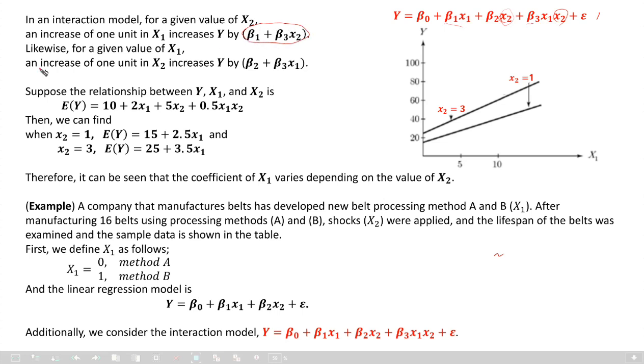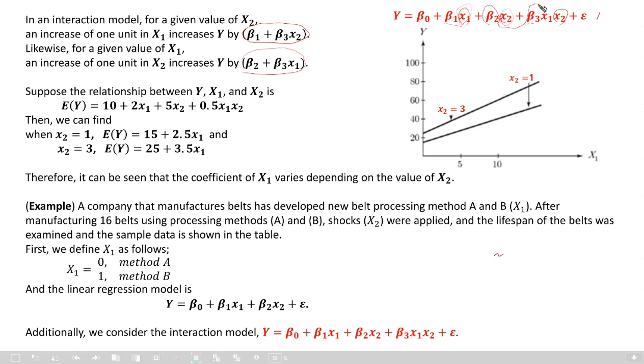Likewise, for a given value of x1, an increase of 1 unit in x2 increases y by beta 2 plus beta 3 x1.